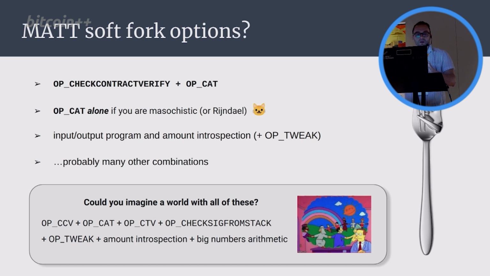So a soft fork with all these things is not a difficult soft fork because all those opcodes are relatively simple. And my claim is that, well, I think this can do basically anything. Like, I would be very surprised if someone can come up with an interesting smart contract for Bitcoin that cannot be implemented with these opcodes. And of course, also Rusty's project of script restoration would enable MATT contracts.